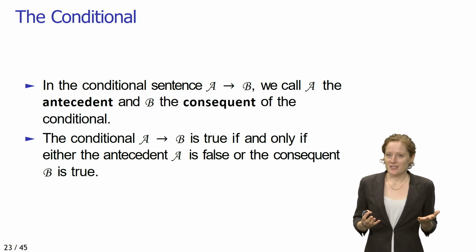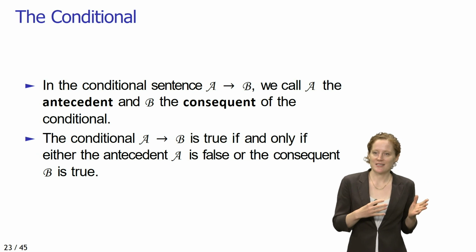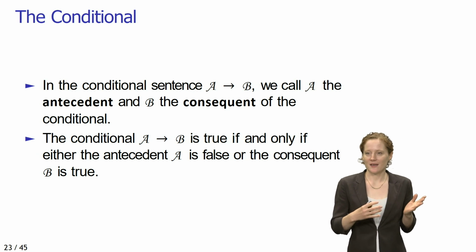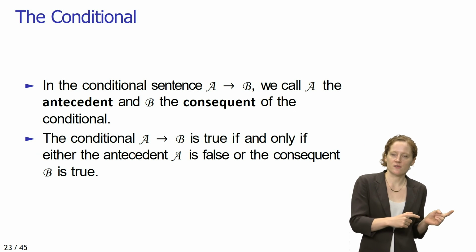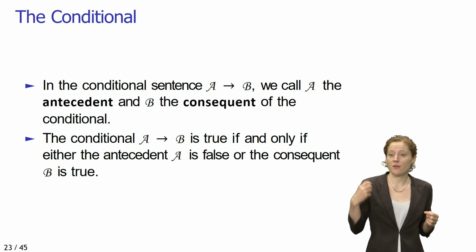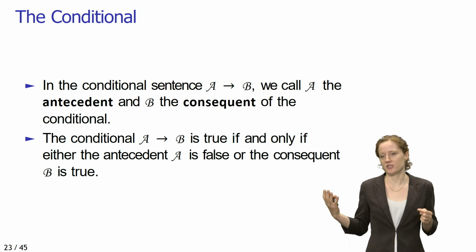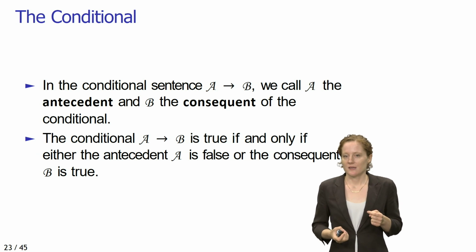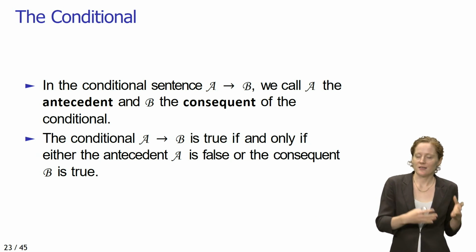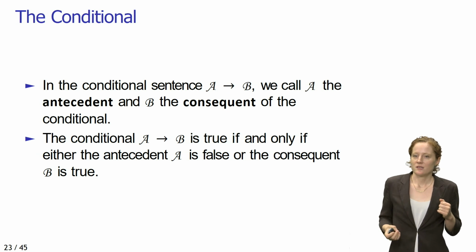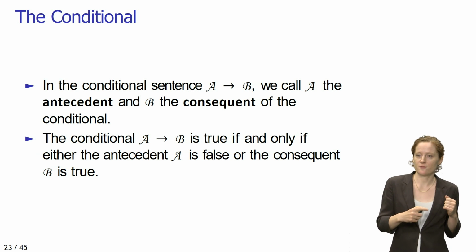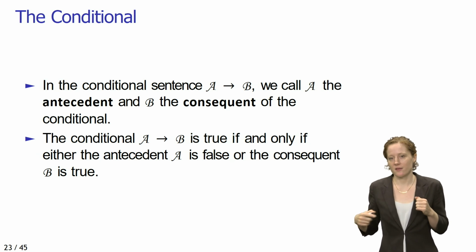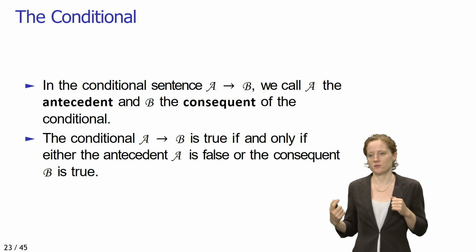Let's talk about conditionals. In the conditional sentence, if A then B, we call A the antecedent of the conditional and B the consequent of the conditional. And this conditional, if A then B, is true if and only if either the antecedent A is false or else the consequent B is true.